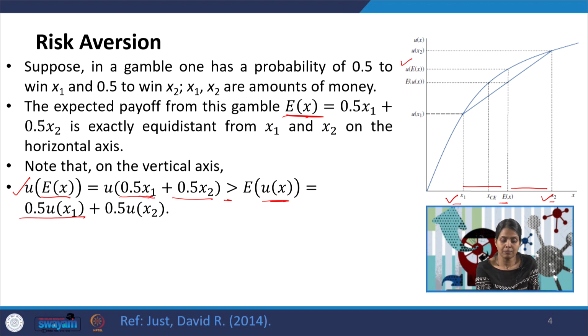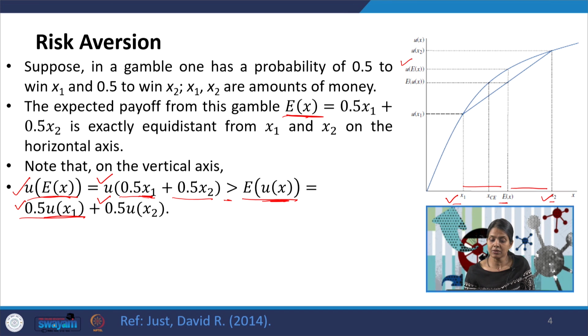First we multiply the outcomes with the probabilities and sum them up, then take their utility. That gives us the utility of the expected value. When I multiply the utilities obtained from individual outcomes by their respective probabilities, that gives me the expected value of the utility associated with that combination.